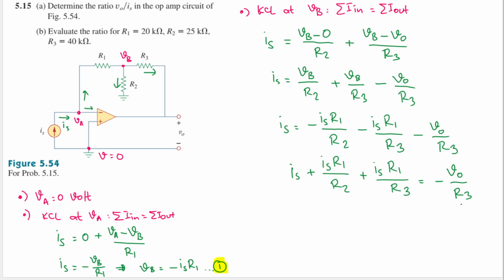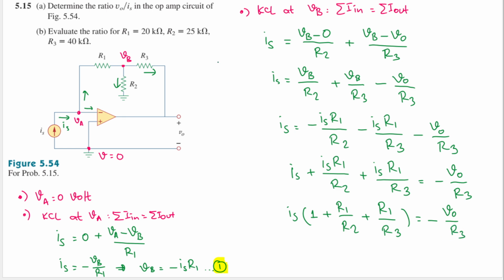Now let's take out the IS. So we'll have IS times 1 plus R1 over R2 plus R1 over R3, and that will equal minus V0 over R3.